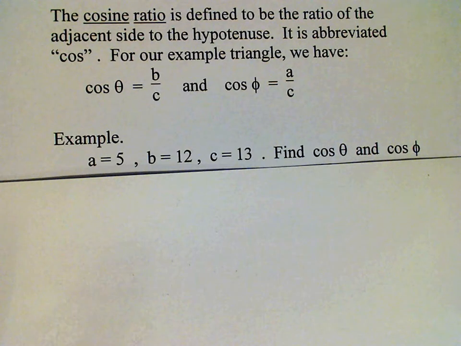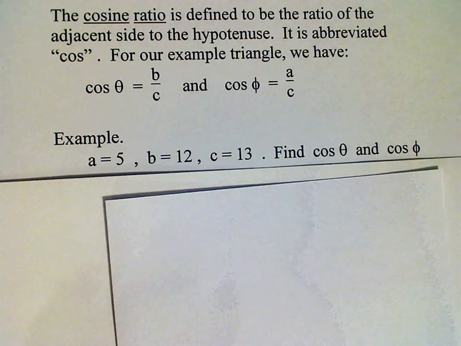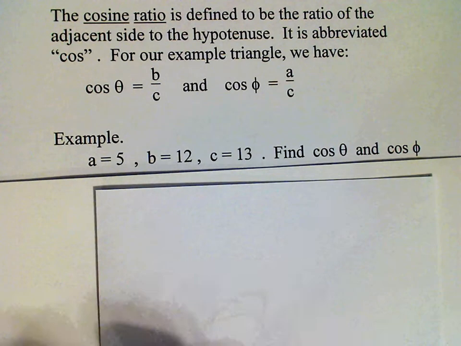Okay, let's do another example now. We have a equal to 5, and b is equal to 12, and c is equal to 13. Find the cosine of theta.